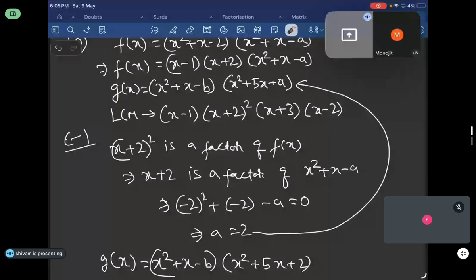Case 2, that x plus 2 whole square is a factor of g of x. Right, wait. In case 1, I took it as f of x only.